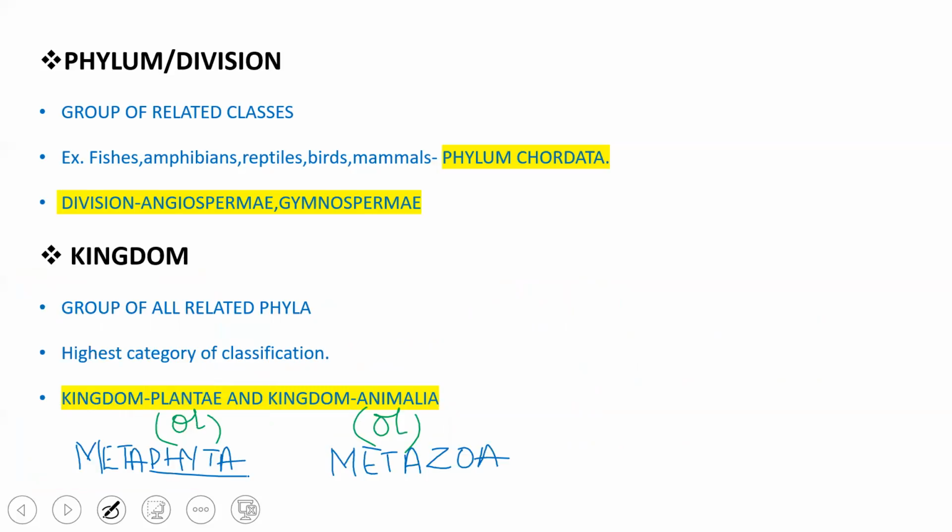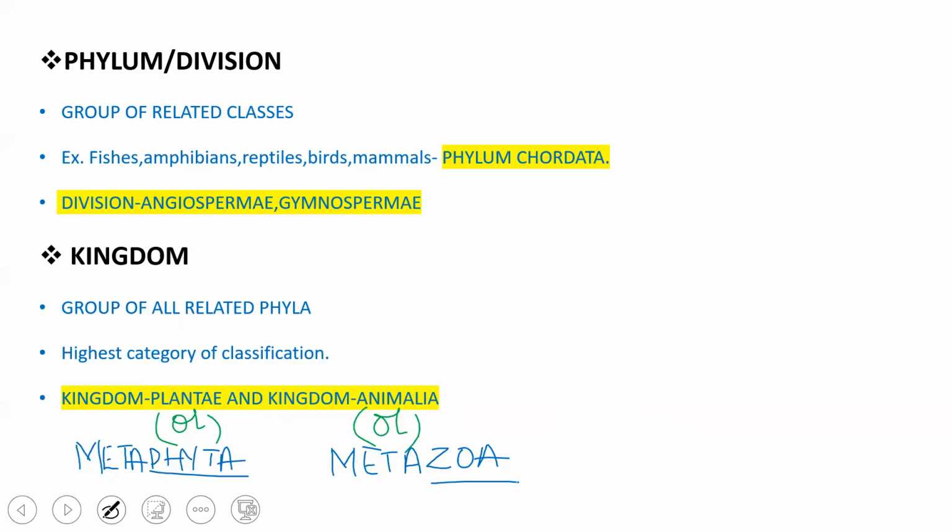Phyta represents the plants, zoa represents the animals. So it can be called Plantae and Animalia, or plant kingdom and animal kingdom, or in other words, kingdom Metaphyta and Metazoa.